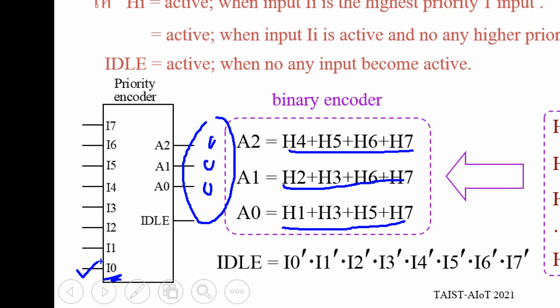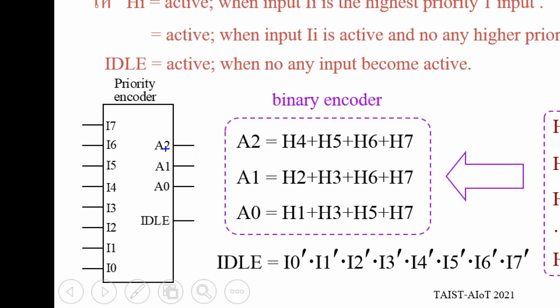That's not good. Why? Because 3 bits can represent only 8 situations. Namely, the highest priority is I7, I6, I5, and so on until I0. That is 8 situations. But if no input bit is active, this is a 9th situation.